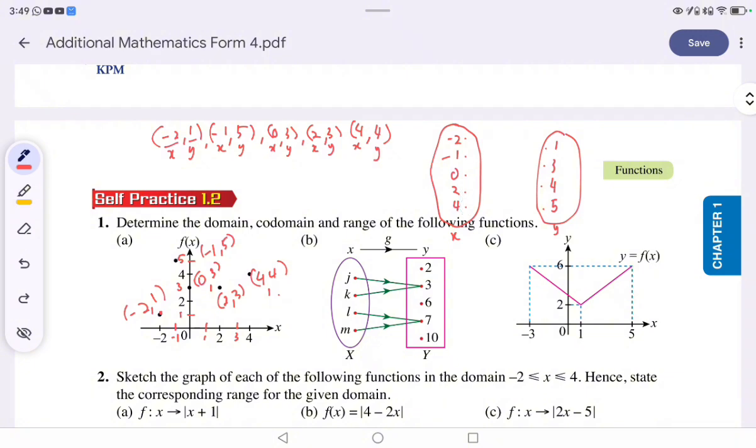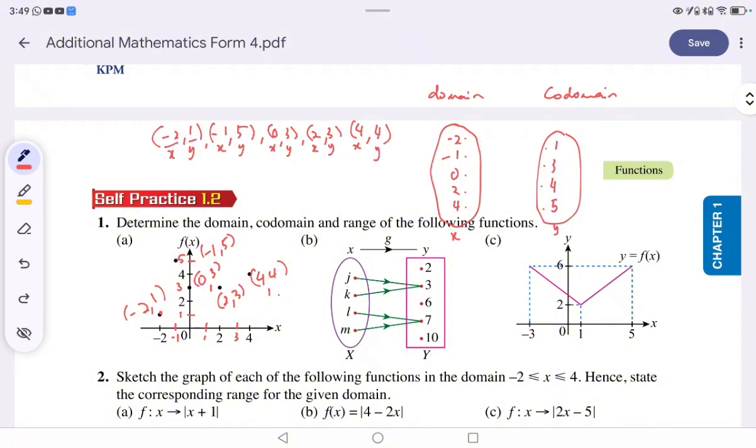So what you need to do, all the x numbers become your domain. All the y numbers become your codomain. So you just list them. And then what is the range? The numbers which are mapped from the x.